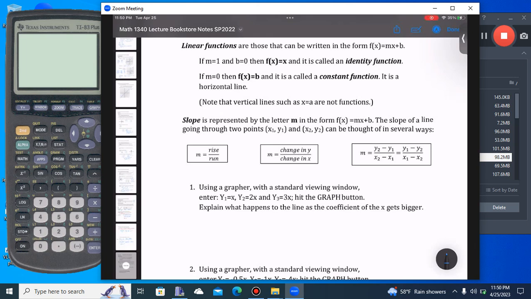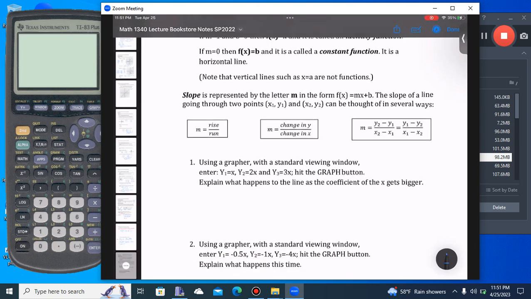So how much of a vertical change over how much of a horizontal change, or your change in y over your change in x. More formally, your change in y is y2 minus y1, where y1 is the y coordinate of one point and y2 is the y coordinate of the second point. Now it's y2 minus y1 over x2 minus x1.